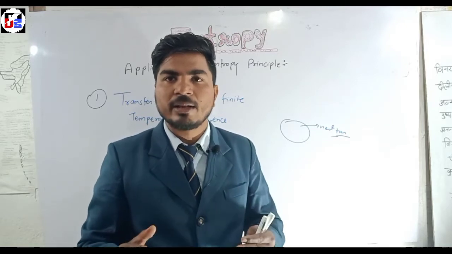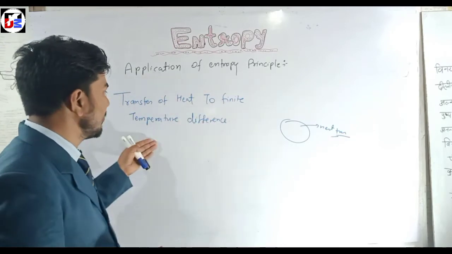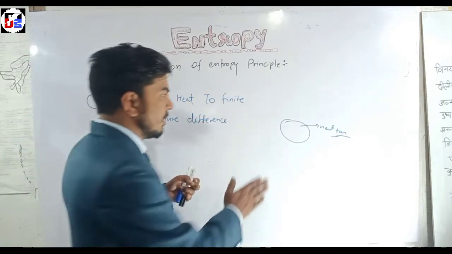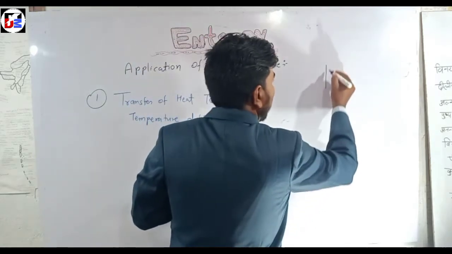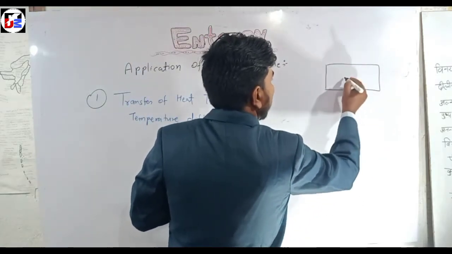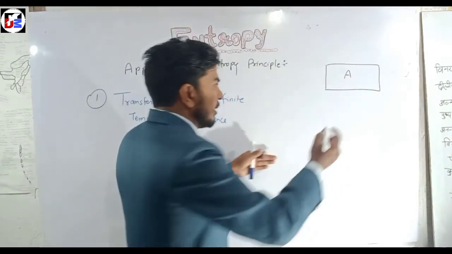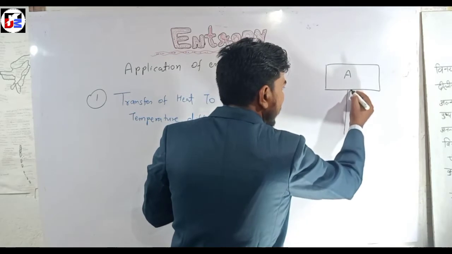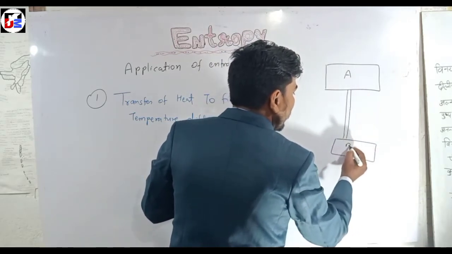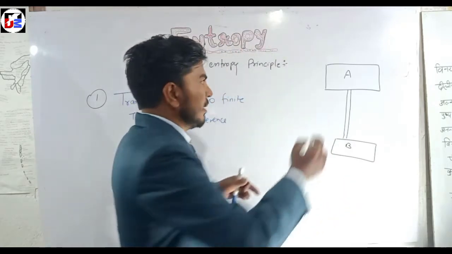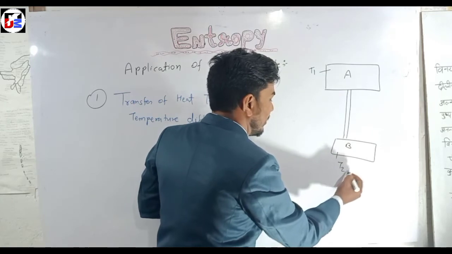Now its application is the transfer of heat through a finite temperature difference. Suppose there is a reservoir A, and it is connected by a rod to another reservoir B. The temperature of A is T1 and the temperature of B is T2.